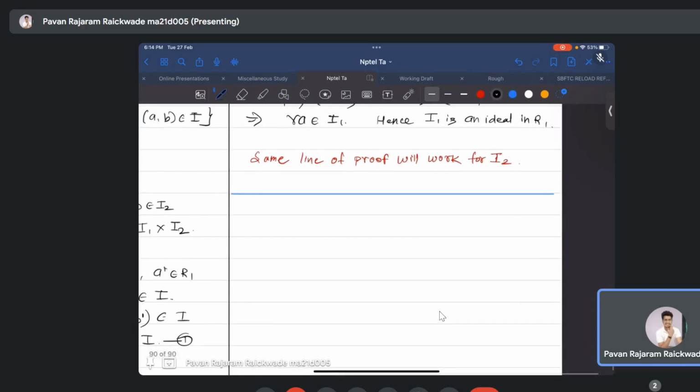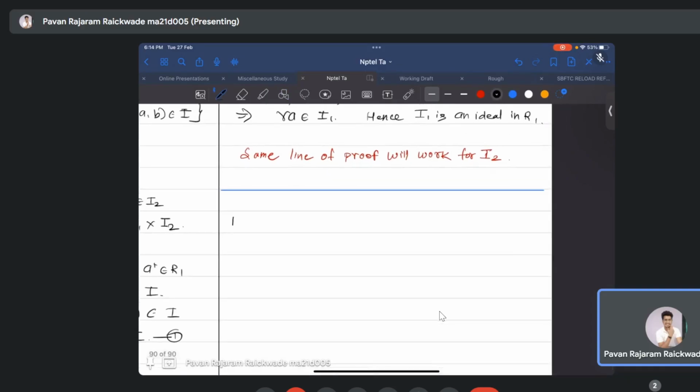Okay, so now the next thing, let R be a commutative ring with unity and I, a subset of R, be an ideal.